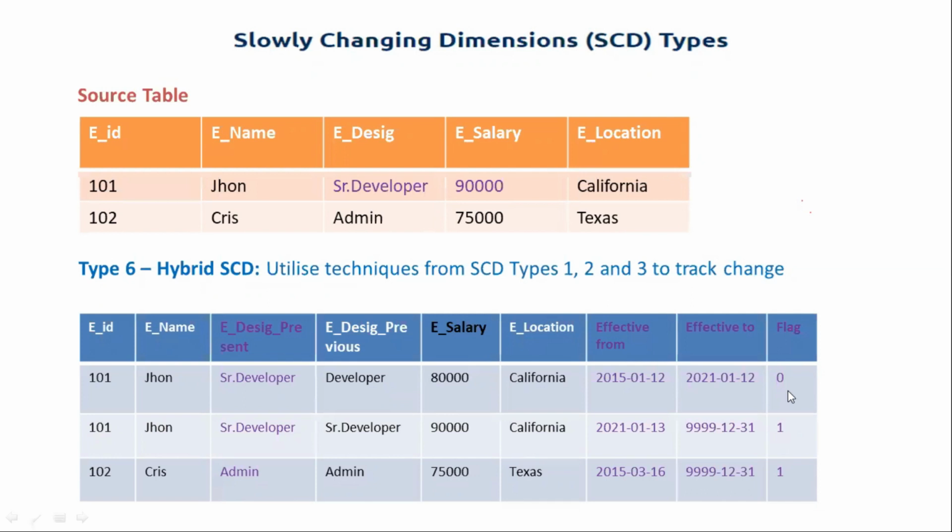But after changing the designation and salary, the first record, whatever you are seeing currently, also changed. So the present designation changed to senior developer, and the second record also has senior developer. But coming to previous designation, the first record was developer, and the current, second record is senior developer. And there is a change in salary also. If you see salary, it was 80,000 earlier, but now it is 90,000.